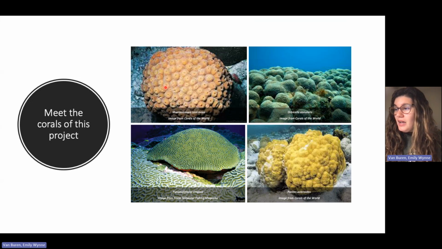M. cavernosa can house B, C, and D. It doesn't seem to be very specific in which one it normally houses, although it seems to favor C and B over anything else. Orbicella annularis is closely related to M. cavernosa.